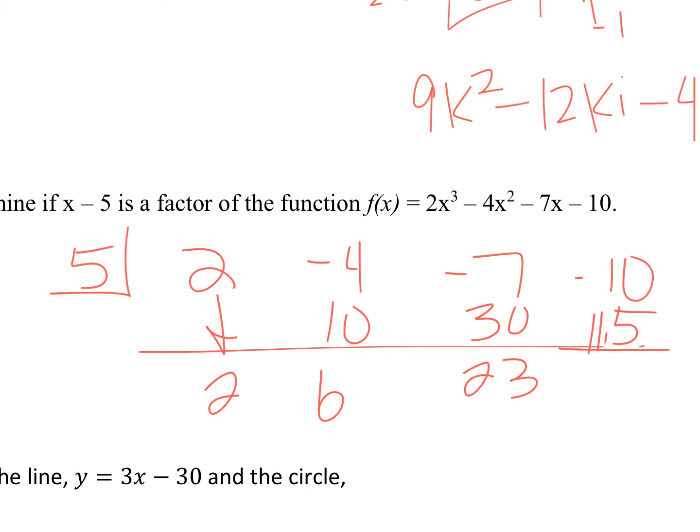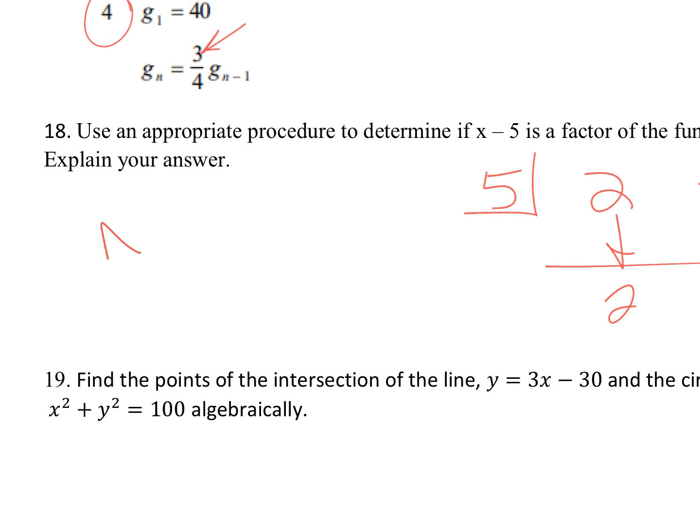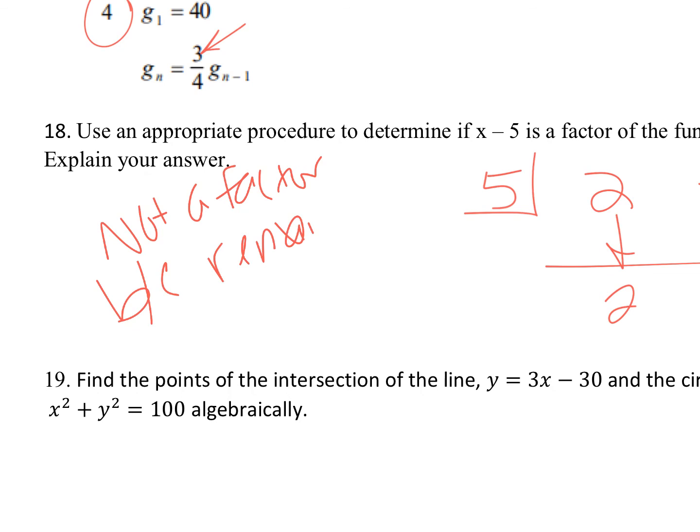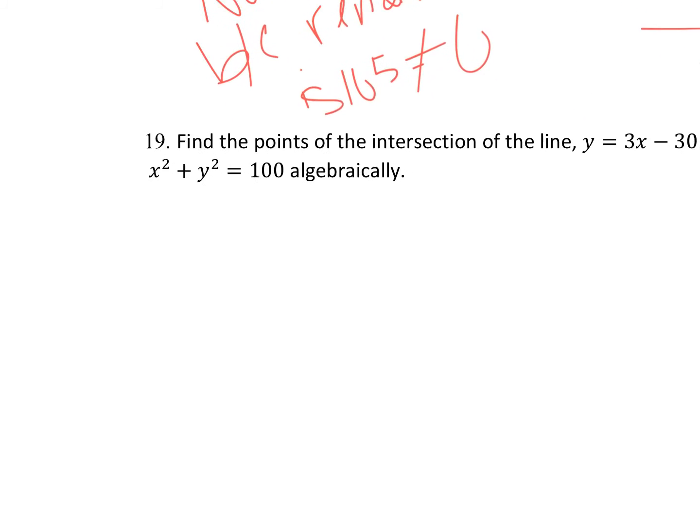And then that gets you to 105. This is not a factor because we have a remainder of 105. So not a factor because the remainder is 105, not 0. You could also plug in and use that other trick.